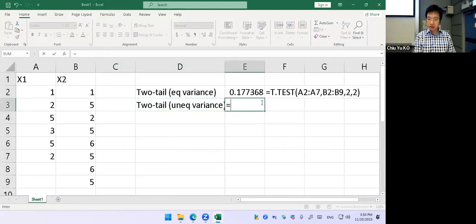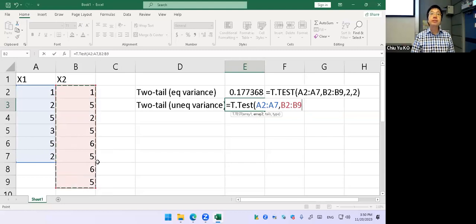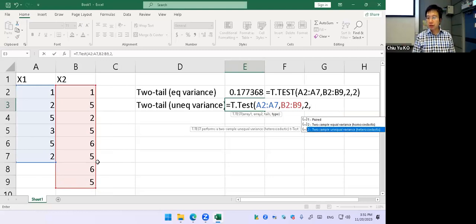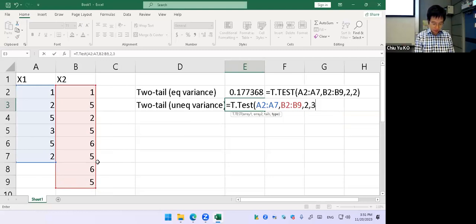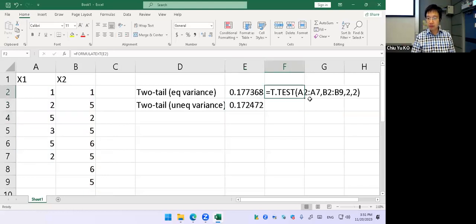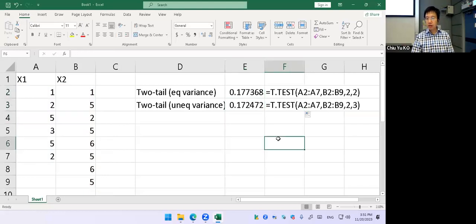It's just T.TEST. And I just highlight the data I have. I do two tail, or one tail the same way. And I do unequal variance, use 3 here. I'm done. You can see it's not much different anyway.